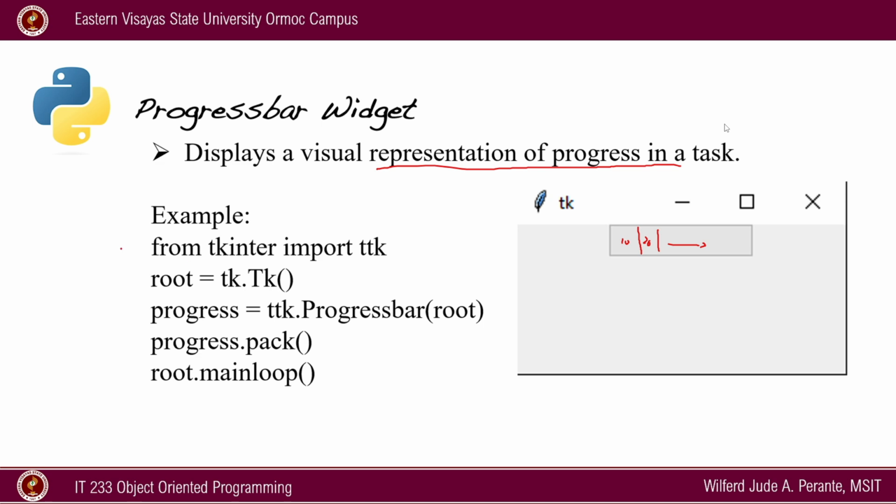So the progress bar widget in Tkinter is found in the ttk module. This one provides a representation of a progress in a task and is commonly used to indicate loading, processing, and completion percentage.